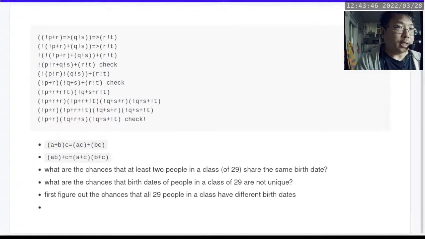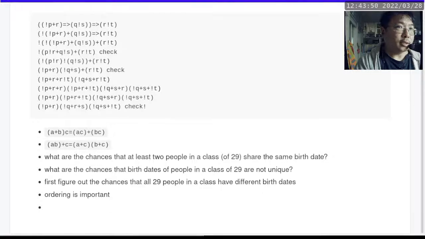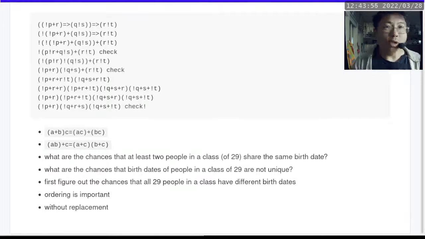Ordering is important. And the other thing we have already noticed is it is without replacement, because once you have chosen a date out of the bag, you don't put it back in, because we want everybody to have a different birth date. We're counting how many ways we can assign 29 unique dates to people in the class.